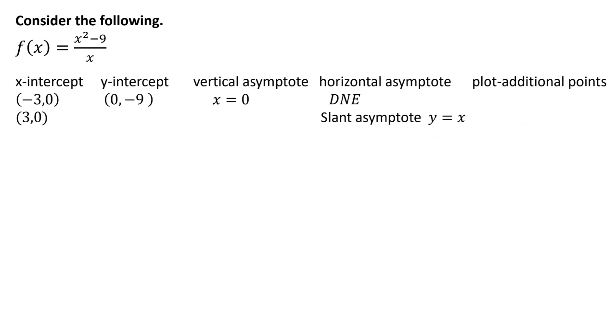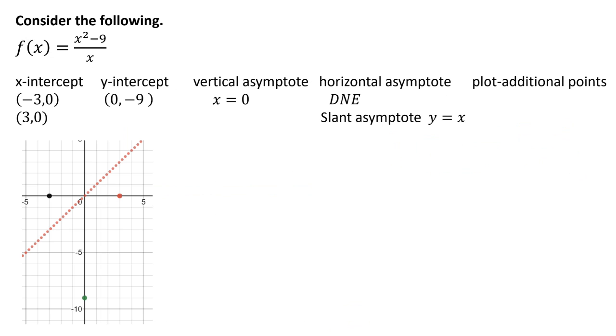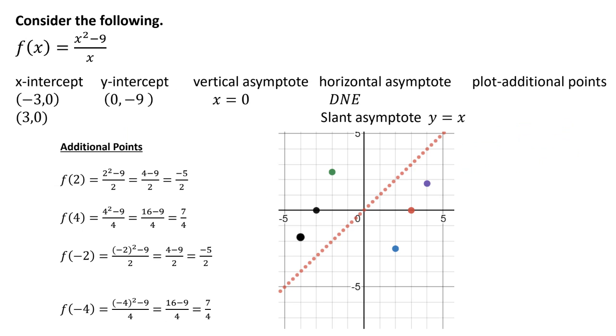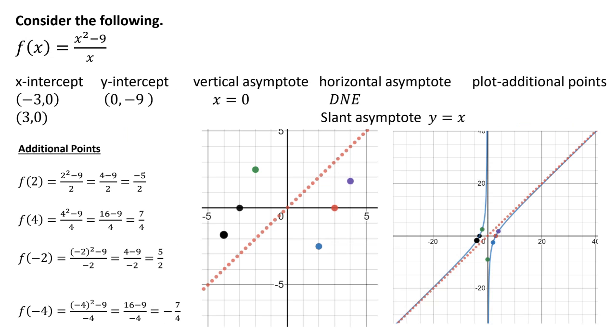All right, so let's go ahead and plot some additional points. We draw our slant asymptote, which is at y equals x. We have a vertical asymptote at x equals 0. So let's pick the points that we've been using for simple purposes. And we see here that our graph is like this.